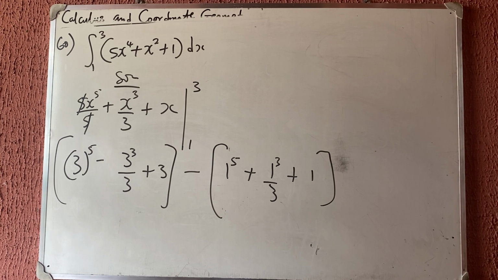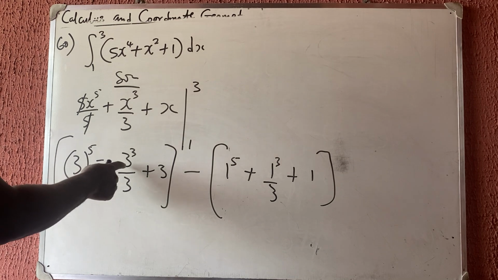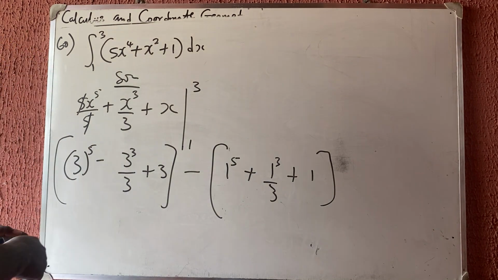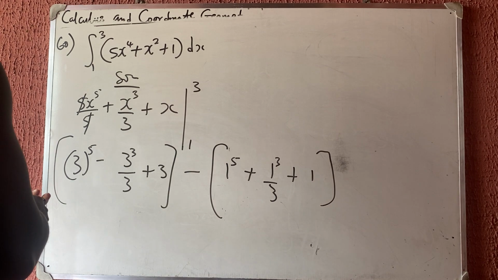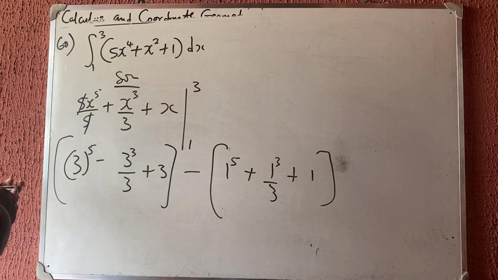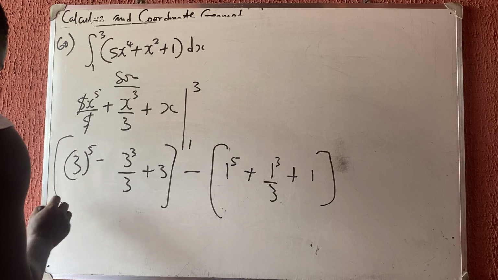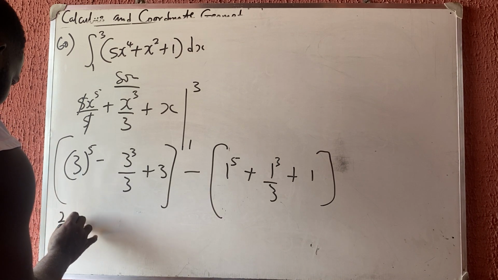Okay, so everything here is giving me, sorry, 3 raised to power 5, it's giving me 243.